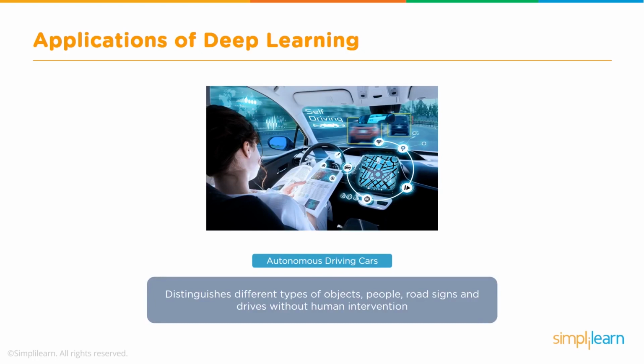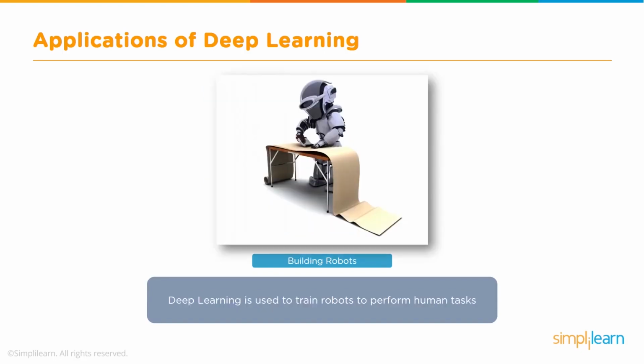All of this involves deep learning, so that's another major application. Then robots. We've seen several robots, including Sophia. You may be familiar with Sophia, who was given a citizenship by Saudi Arabia. There are several such robots which are very human-like, and the underlying technology in many of these robots is deep learning.